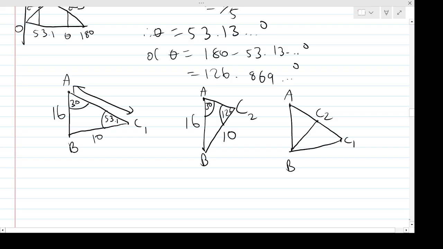So essentially, we almost got two different triangles, right? So that's angle 126, and this is angle 53.1, right? So hopefully that visualizes to you exactly what the two different positions are. That's what it would look like, right? These two triangles create these two situations where how far along this point is on that line between A and C, right? And so obviously you can see the distances will be different as well.